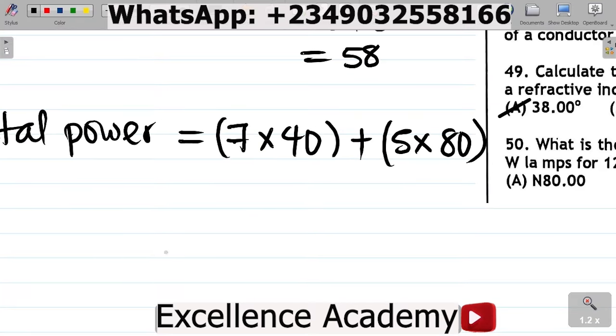So total power here will be equal to, I'll just punch this directly and see what I have. Open a bracket, 7 times 40, close the bracket, plus, open a new bracket, 5 times 80. If I do that, my sum gives me 680. This is in watts.